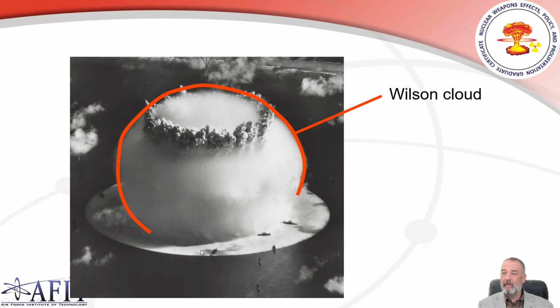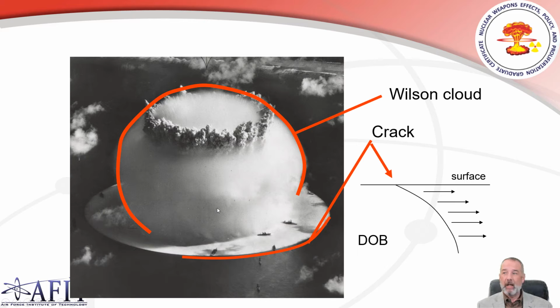So we can see this right here, this perfectly circular, smooth-looking water that looks like it has its own vapor mixed in with it. This is sort of related to the slick. It's called the crack. And it is an interaction with the underwater pressure wave and the surface of the water as it races out in front of the detonation.